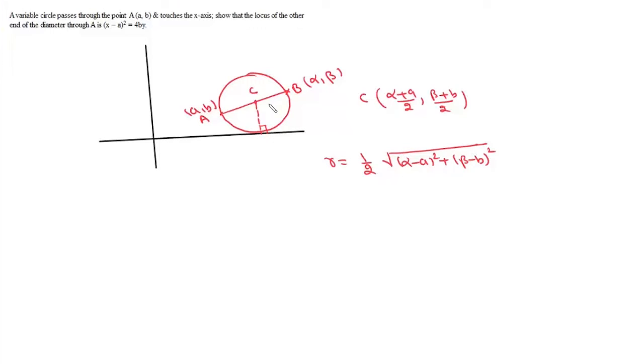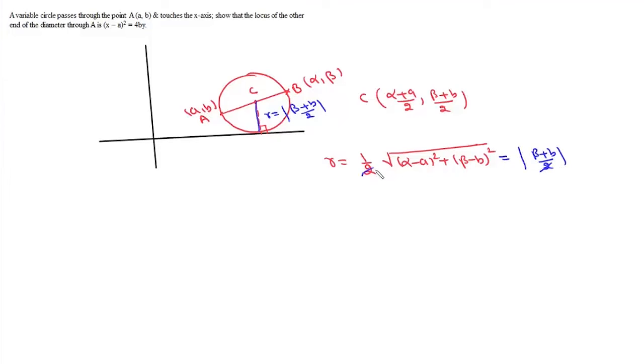Now, since this circle touches the x-axis, this radius must be equal to the modulus value of its y coordinate, which is (beta + b)/2. So basically this r will be equal to (beta + b)/2.